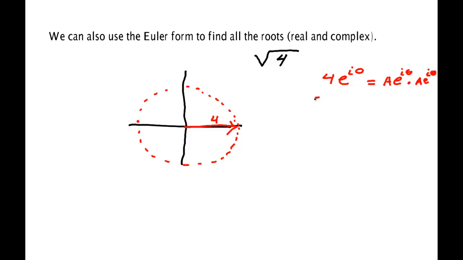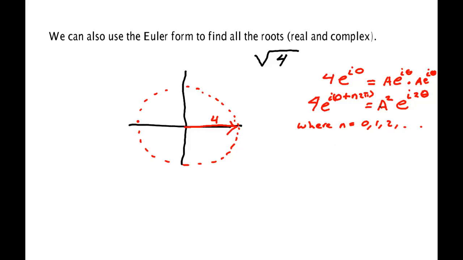So 4 e to the I 0 is equal to a squared e to the I 2 times some angle. Now the thing about it is this isn't the only possibility. 4, yes, is at 0, but you could also go around any number of 2 pi. So we could also say plus n 2 pi, where n is equal to 0, 1, 2, any number of circles.